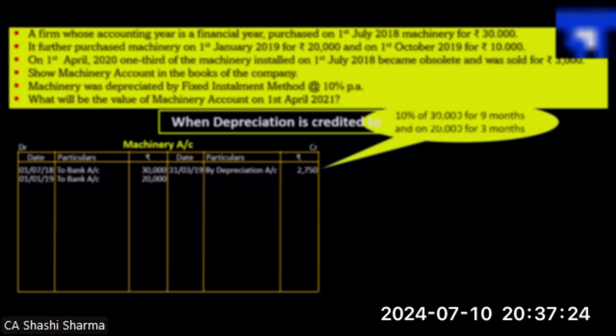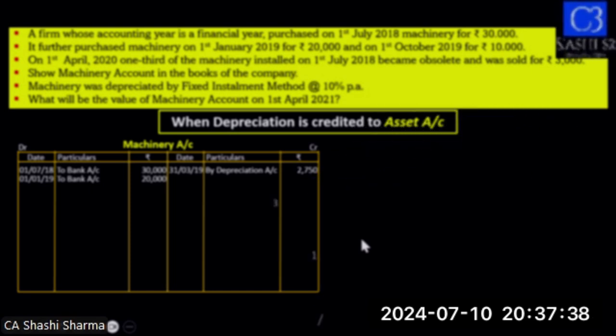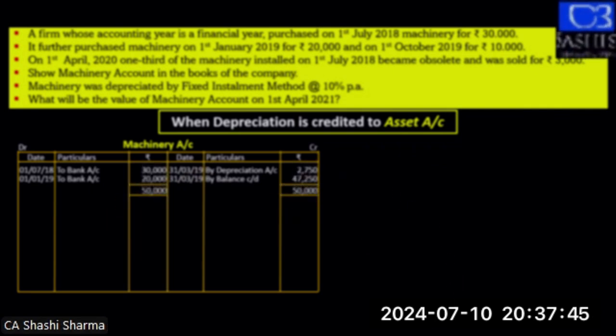Depreciation at the rate of 10% on the first machine for 9 months and on the second one for 3 months. So this is the entry, and now the account will be balanced in the first year. So the balance CD is 47,250. In the second year, balance will be brought down at the beginning of the second year, 47,250.